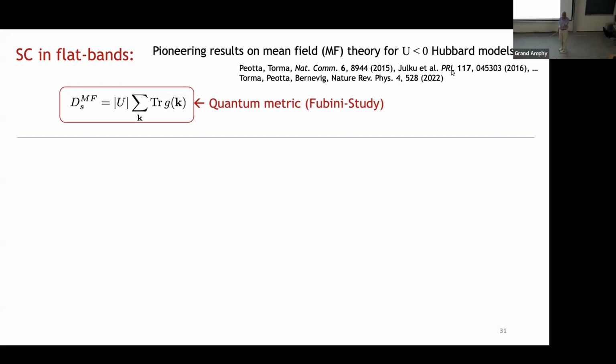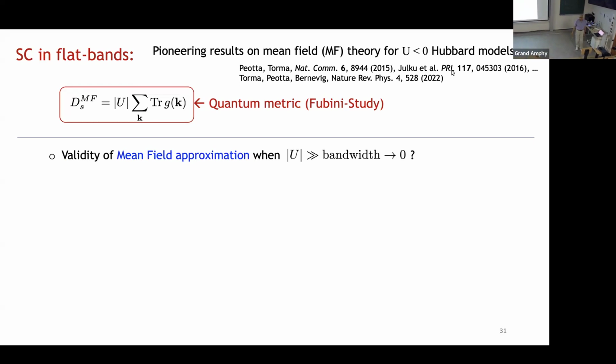So that's where the quantum metric appears, and you will get an intuitive feel for why very soon. Is this true for all cases or just for flat bands? This is true only for the attractive Hubbard model with flat bands. It's a very special result.